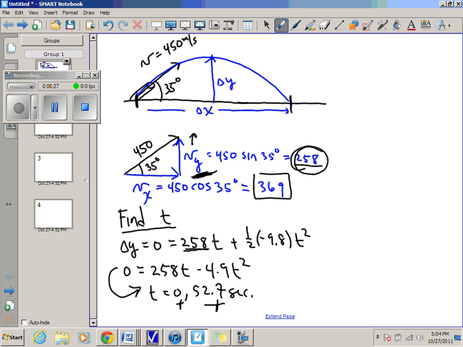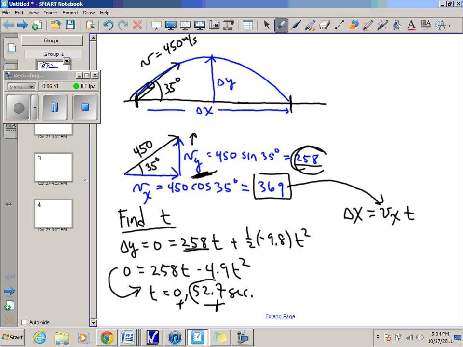And the entire time, it's going this speed. So now I can go ahead and solve for delta x. My delta x equation, the constant velocity equation, is v sub x times t. V sub x now is 369, that's v sub x.